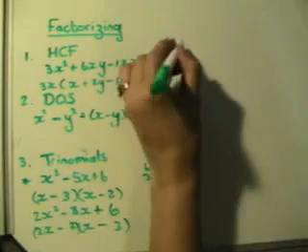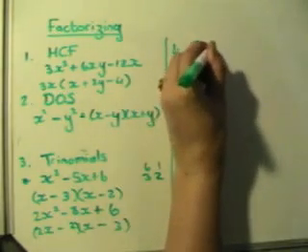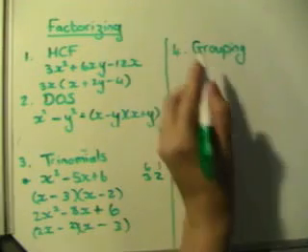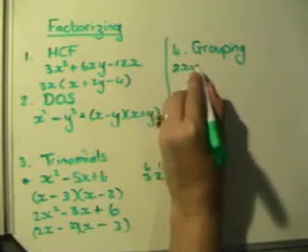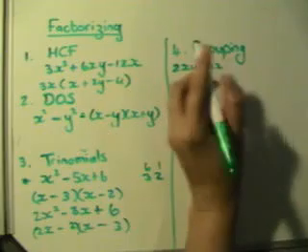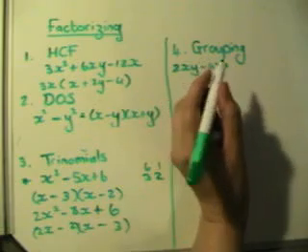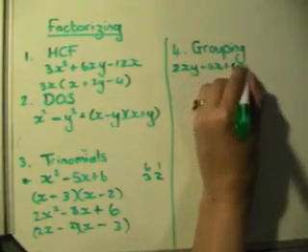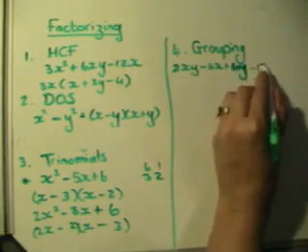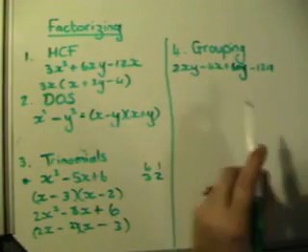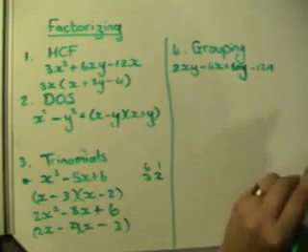The fourth type of factorizing that you get is called grouping. Now grouping is just a fancy way of taking out the highest common factor. What happens there is, if I have, for instance, an equation like this, say for instance I have 2xy minus 4x plus 6ay minus 12a.